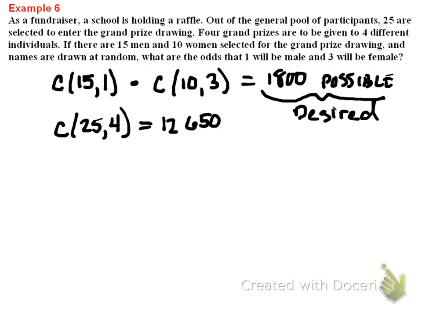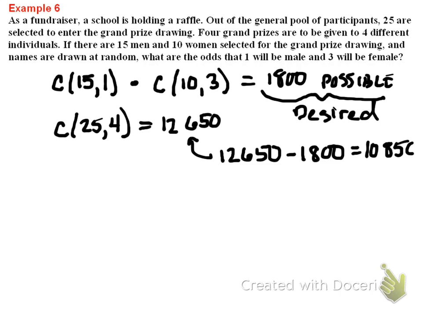So if I take the desired outcomes away from the total number, 12,650, the total number of ways we can get groups of 4 out of that 25, and I take away from that the 1,800, that leaves me with 10,850 other possibilities that I don't want.